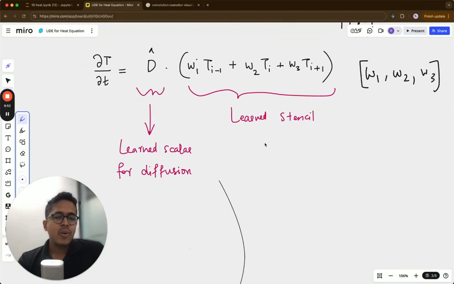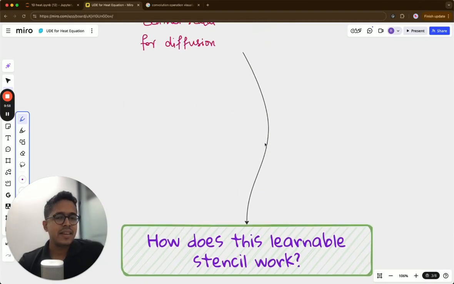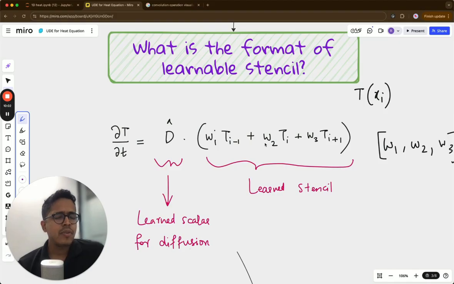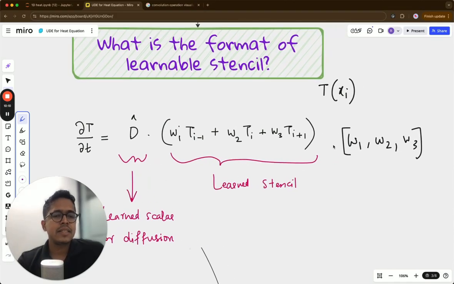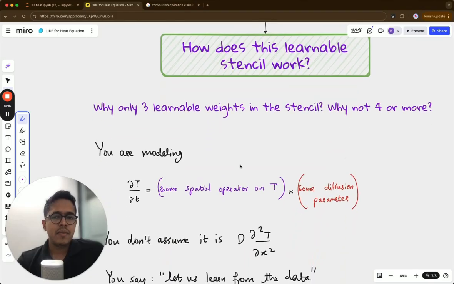Okay, so now one more question. Why are we having only 3 terms in the stencil? Are we now assuming that we know something about the format of the spatial gradient? Because initially we discussed that we don't know much about the spatial gradient. So now what is the basis of selecting a stencil with 3 weights? Let's come to that. But the way in which the stencil works is the following.